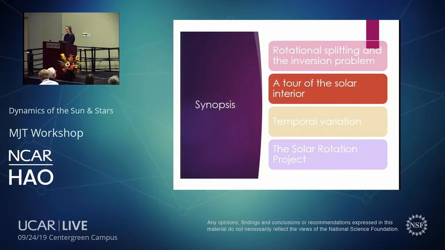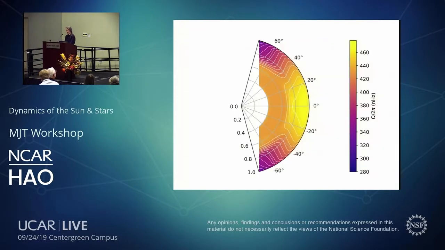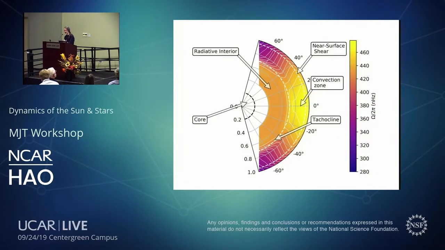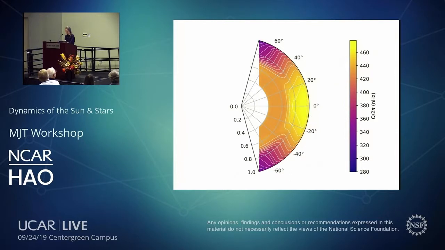Let's move on to take a quick tour of the rotation of the solar interior. So this is just an average of all the HMI inversion profiles that I've done. And so you can see the general features.